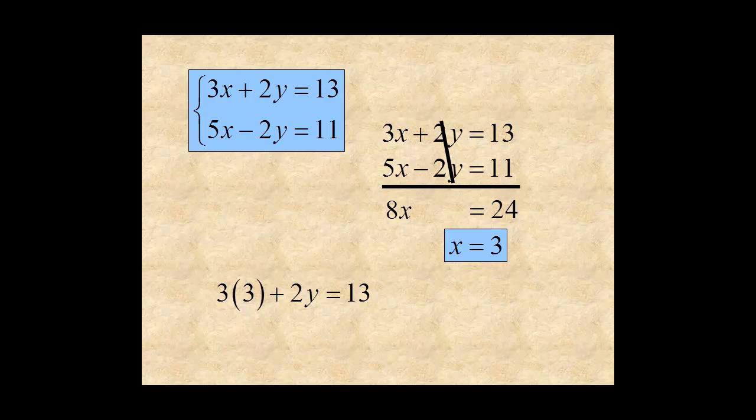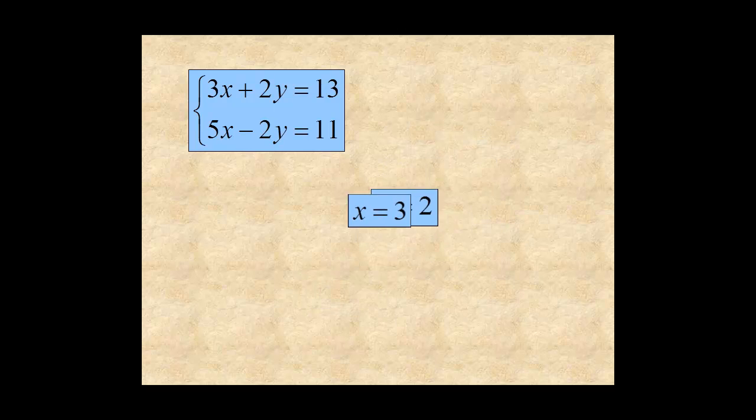To do this, multiply 3 times 3 for 9, subtract 9 from both sides, and divide by 2 for y equals 2. And you have a solution to the linear system.